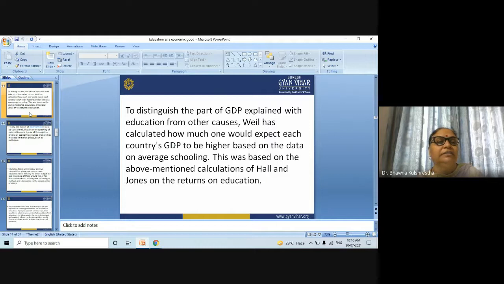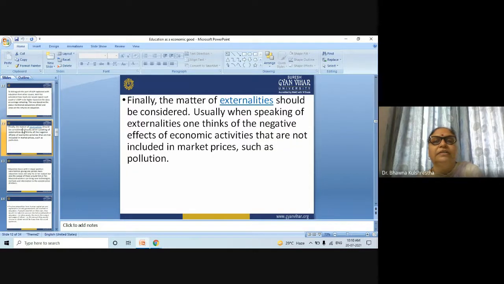And the next is, finally, the matter of externalities should be considered. Usually, when speaking of externalities, one thinks of the negative effects of economic activities that are not included in market prices, such as pollution.